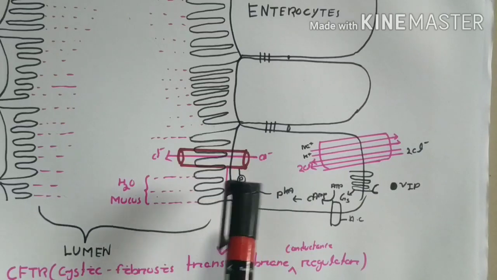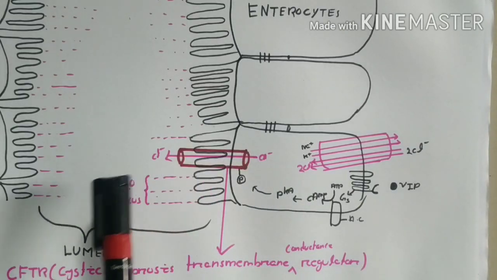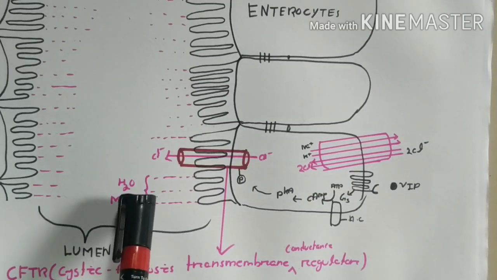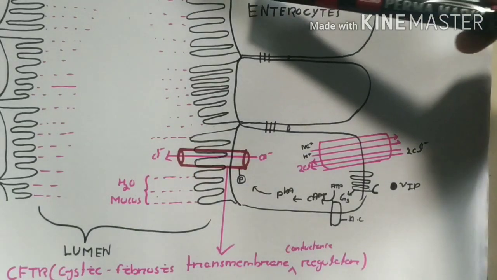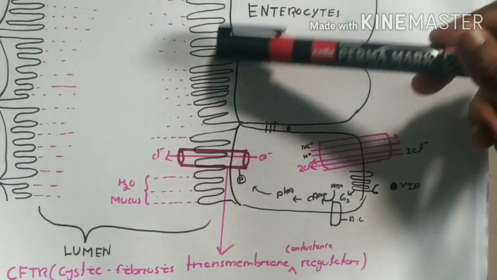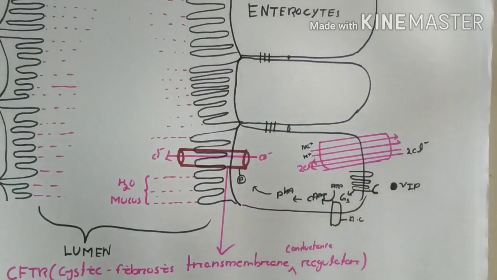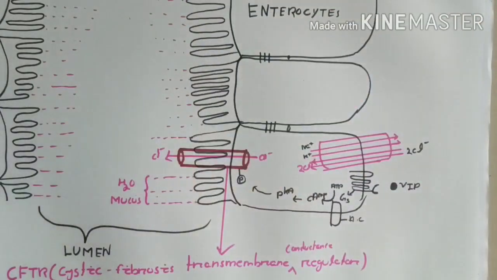When the chloride is transported to the luminal site, it helps in the transport of mucus and water to the luminal site, so that the total lining will be hydrated, and in the hydrated environment these microvilli can move properly.